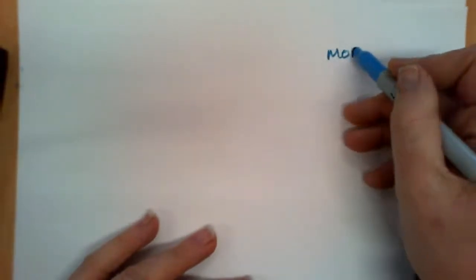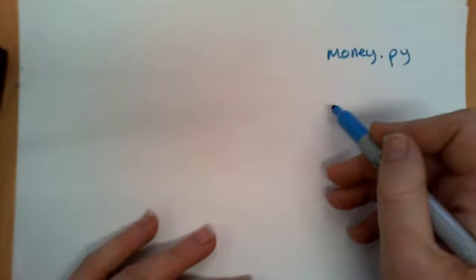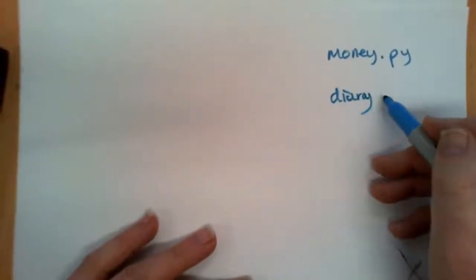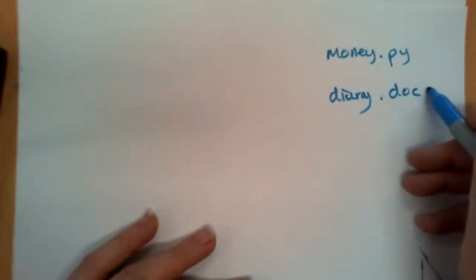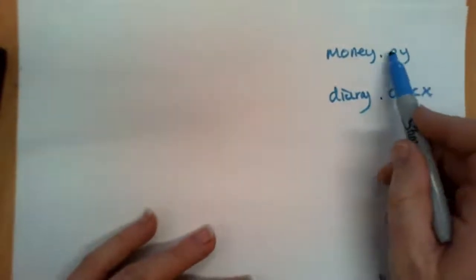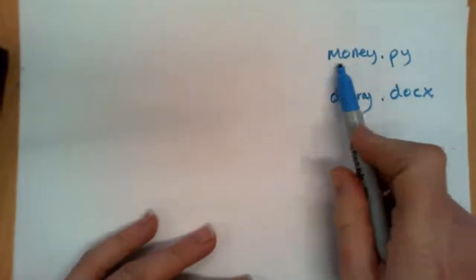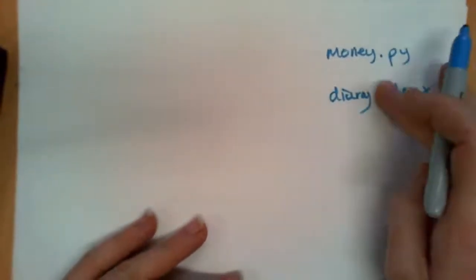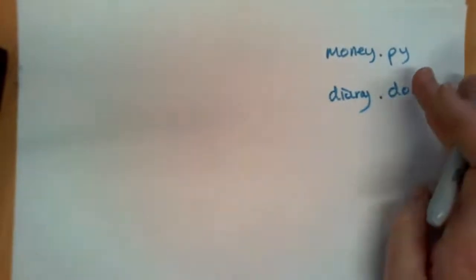Okay. Now, it's also the job of the operating system to make sure that the files are what they're meant to be. Okay. So when you look for, for example, money.py or diary.docx or whatever, when you're looking for those file extensions with those file names, it's up to the operating system to make sure that A, you can find them, and B, they're somewhere where they're to be found.